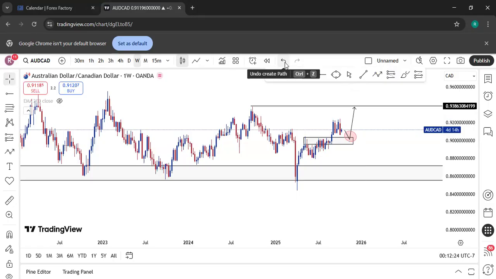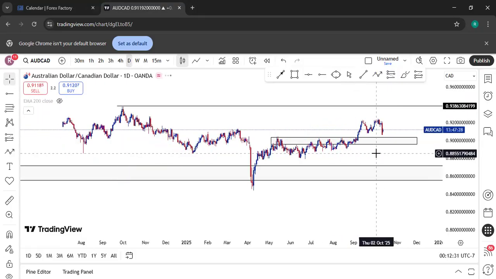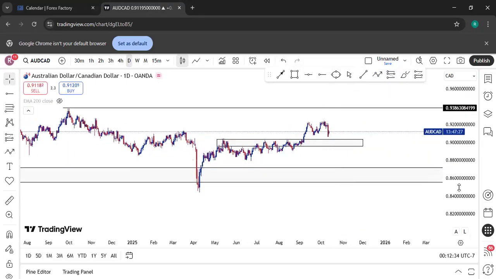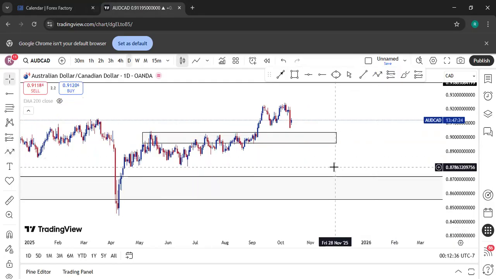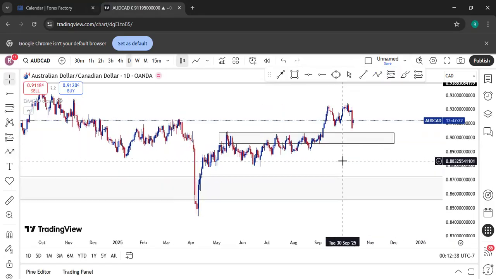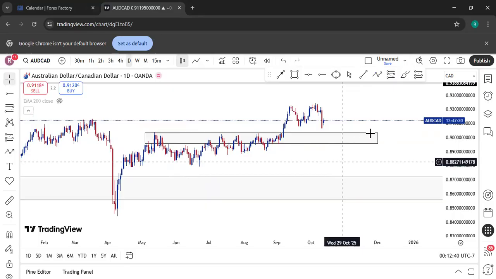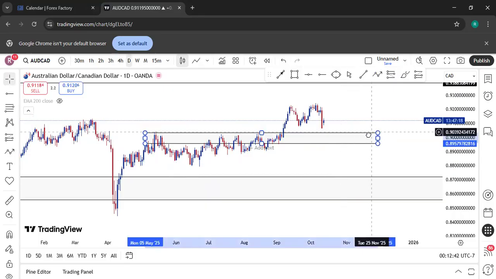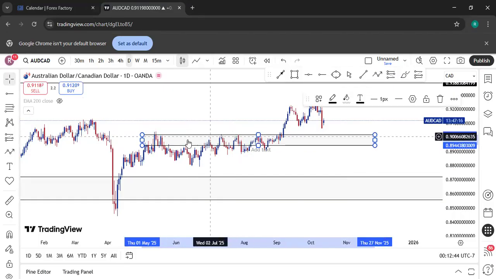So let's go to the daily time frame to find out if it's the same thing. What we have on the daily time frame looks pretty interesting because the price action here is giving some bearish vibes. Remember, this level is from the weekly time frame, this area of previous resistance.